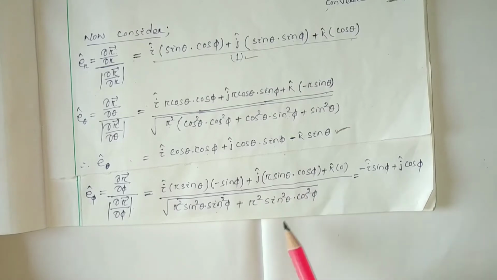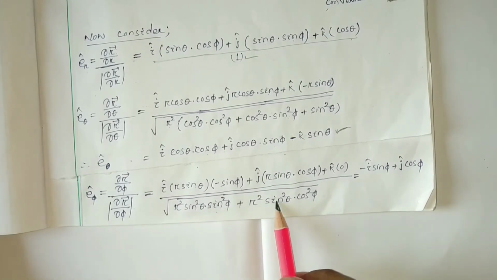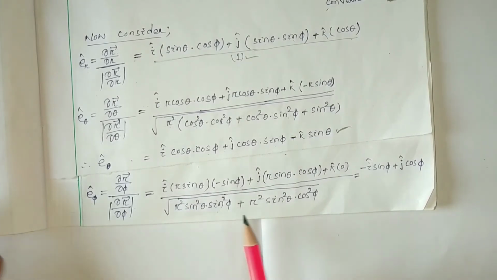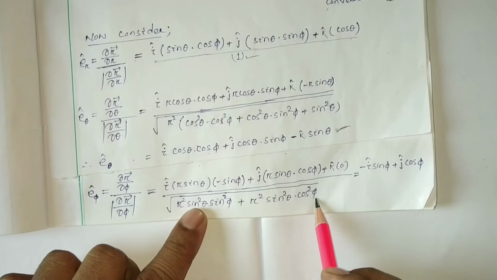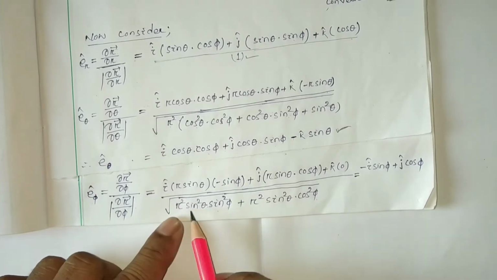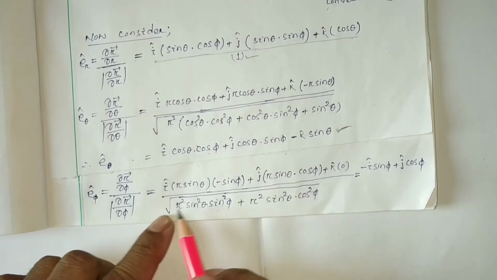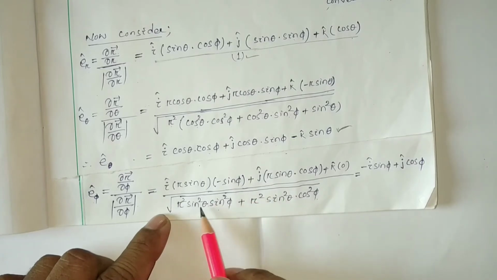Okay, so here you can see that if I take r square sin square theta common from these two terms, then we get sin square phi plus cos square phi equal to 1. So r square sin square theta remains, and root over means we get r sin theta.